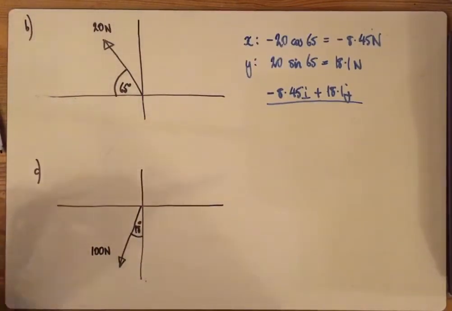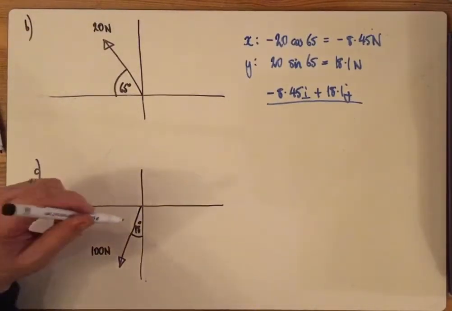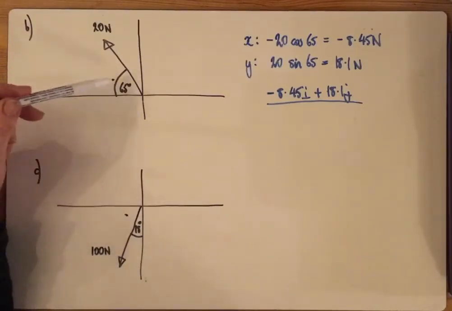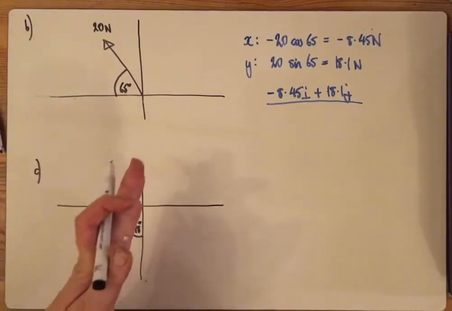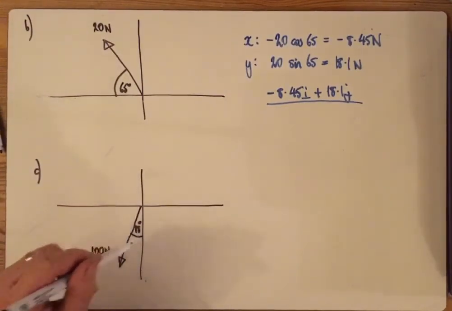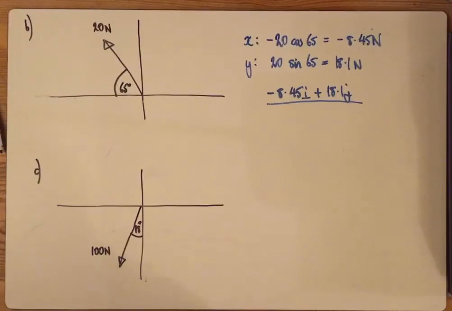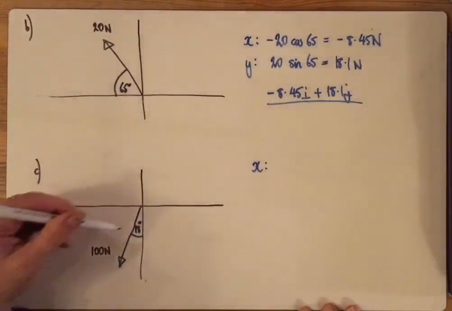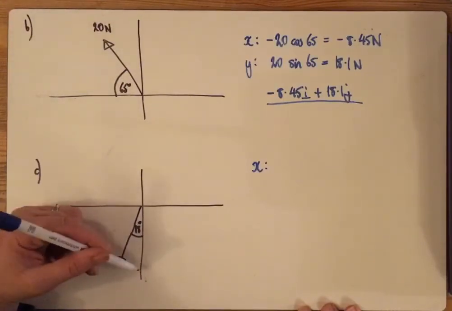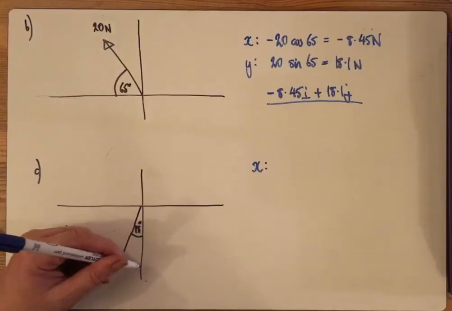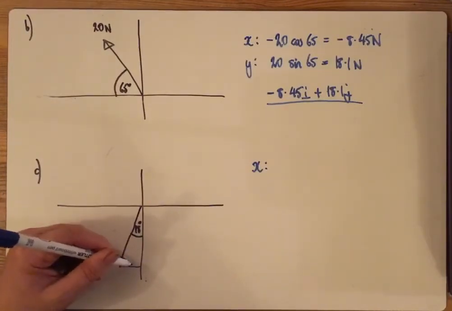You could do 90 minus 18, which is 72, and work with it from there, and then it will be similar to the other two in that you've got the angle between the force and the x-axis. Or if you work with 18, just to show you the difference, then the x now is opposite the angle, and we're going in the negative x direction. So I'm just trying to find this bit across here.